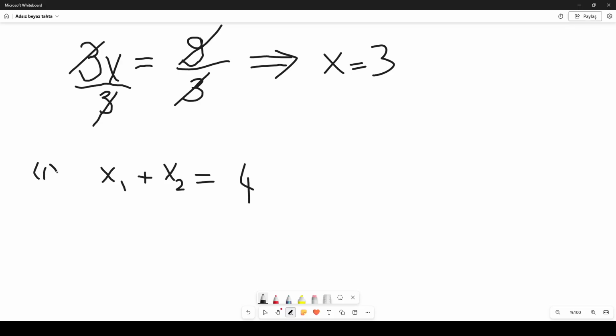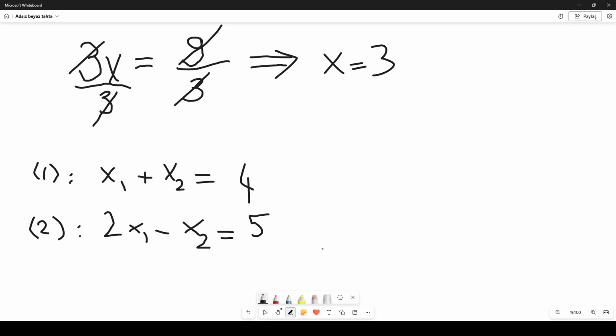Let this be our first equation, and let the second equation be 2x1 minus x2 is equal to 5.